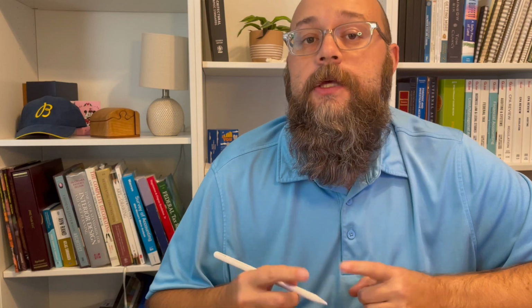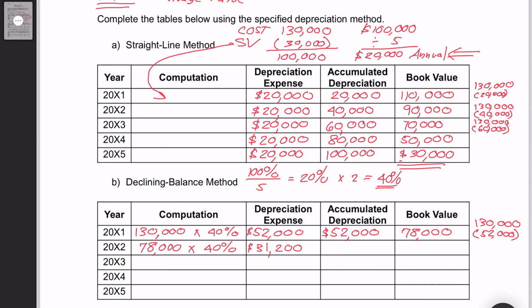Since this is my second year, I have to go ahead and accumulate my depreciation on top of what has previously been recognized. So we are going to end up with $83,200. And one more time, I'll copy the math to the right-hand side here.